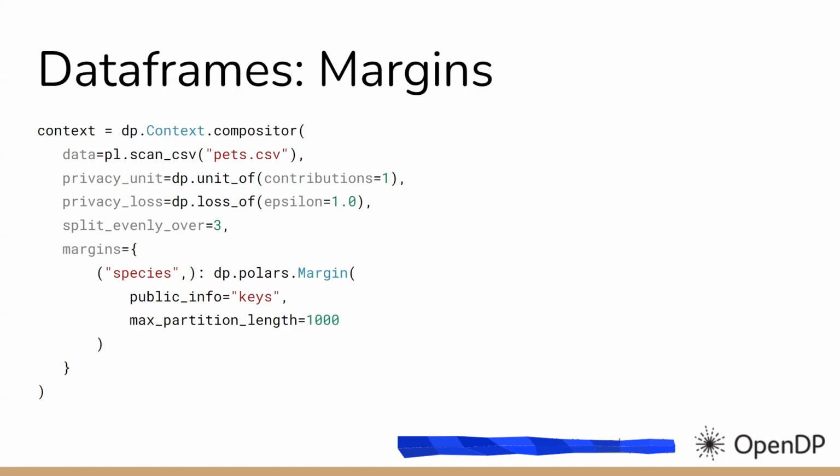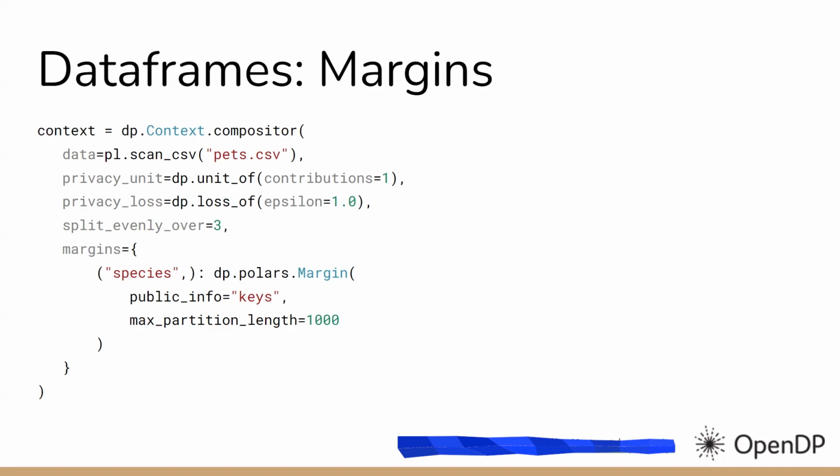So you might say, if I were to group by species, then do not protect the key set. This is treated, more technically, as a domain descriptor. We're saying that we're considering only neighboring data sets that have the same key set.